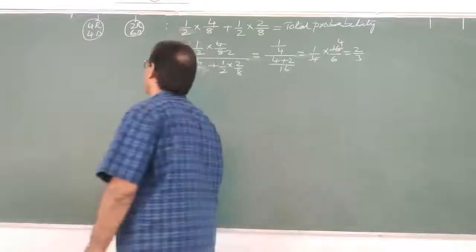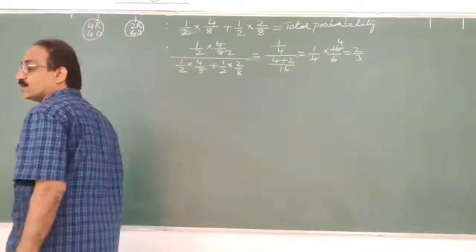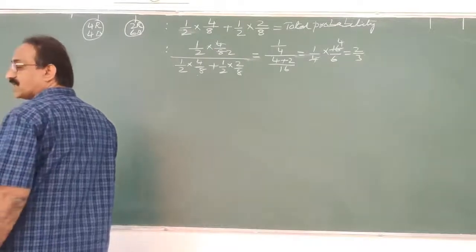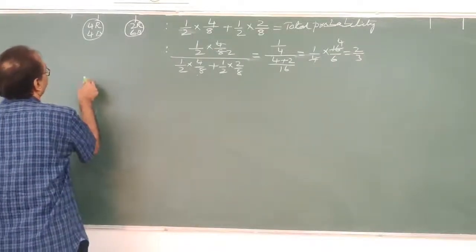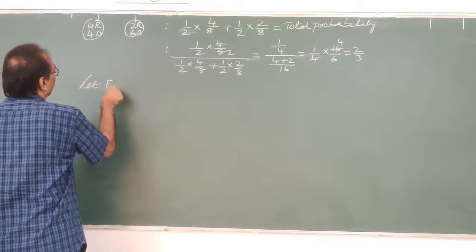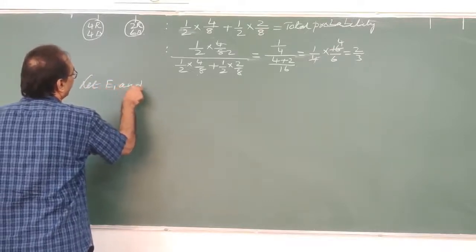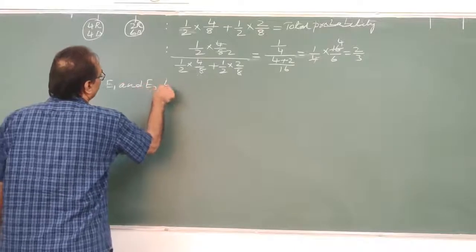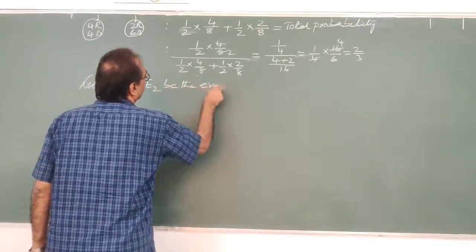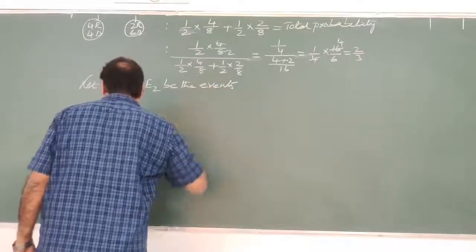That we have to write now in words. I think now we'll come to know. So let me write the problem first. Let E1 and E2 be the events of, what is the events of?